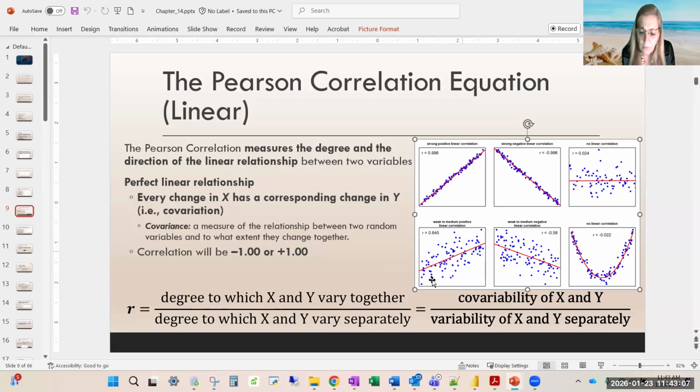And here are some weaker relationships, medium to weak relationships. The last two in this last column here are examples of no relationship, right? And even though you don't have a perfect zero here in this no linear correlation relationship, it's very, very close to a zero. Okay.